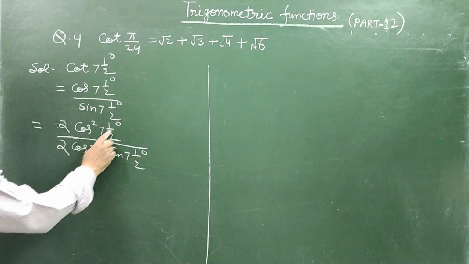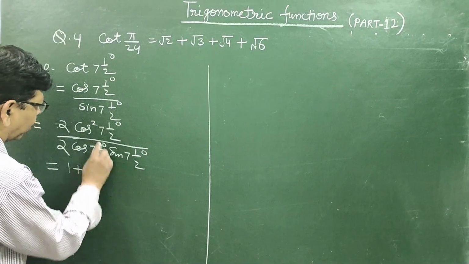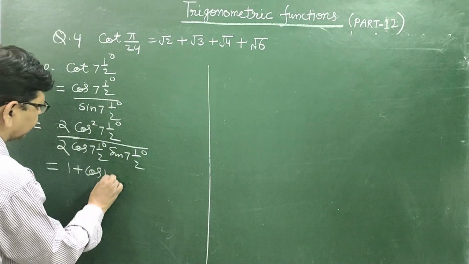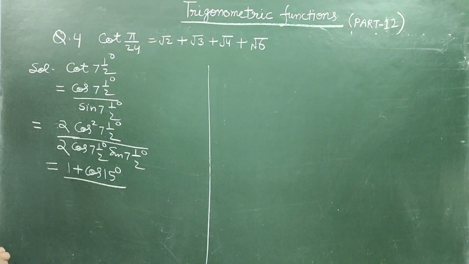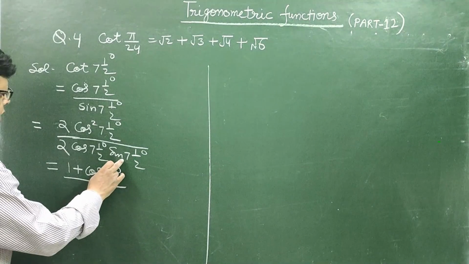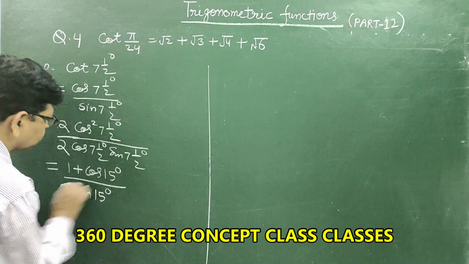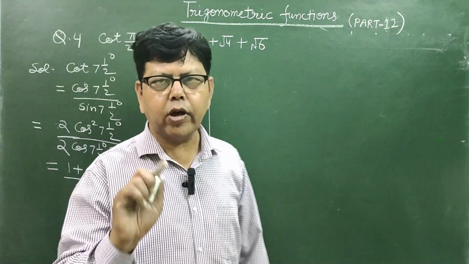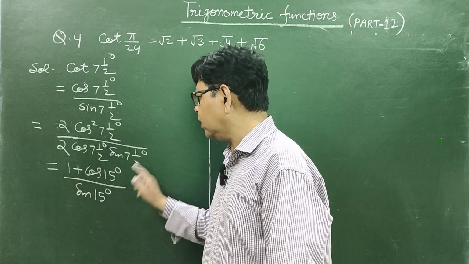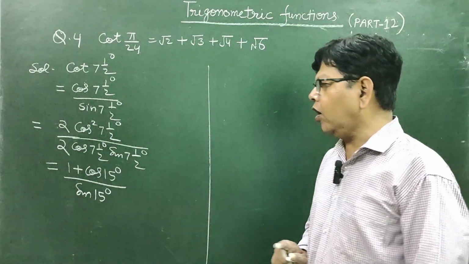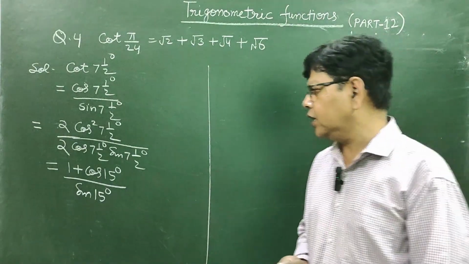Now 2 cos² 7.5 degrees is equal to 1 plus cos twice of 7.5, that is 15 degrees, upon 2 cos 7.5 sin 7.5, 2 sin A cos A, that is sin 15 degrees. I have used the identity that 2 cos² A is equal to 1 plus cos 2A, and 2 sin A cos A is equal to sin 2A. Now we can calculate the values of cos 15 degrees and sin 15 degrees.